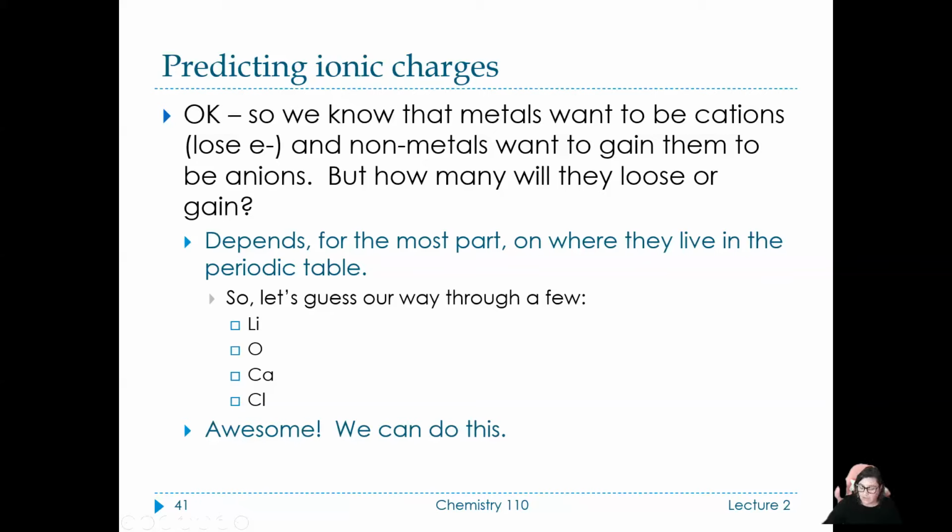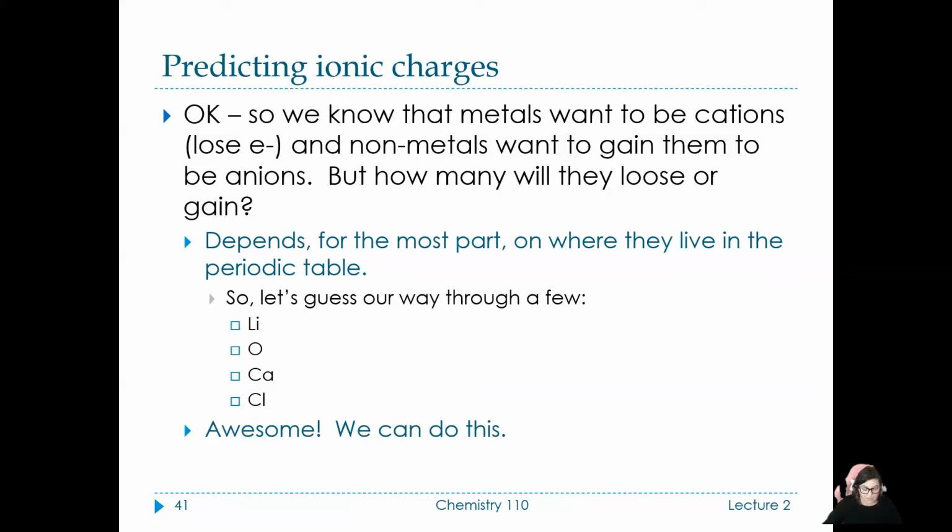So in order to get to the nearest noble gas, it needs to gain 2 electrons to be like neon. So O2-. Ca is in group 2A, so it's an alkaline earth metal. It wants to be a cation because it's a metal, and it's going to lose electrons to be like argon. Okay, great. It has to lose 2 electrons to do that. Awesome.